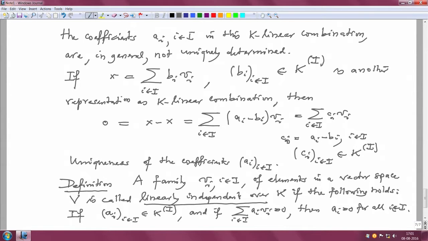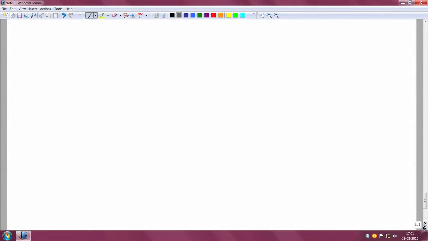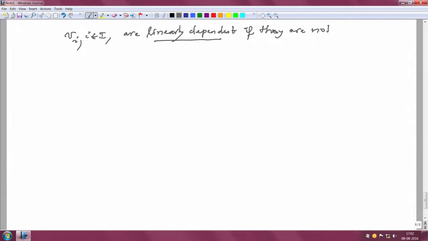We will say that the family v_i, i in I, is linearly dependent if it is not linearly independent.